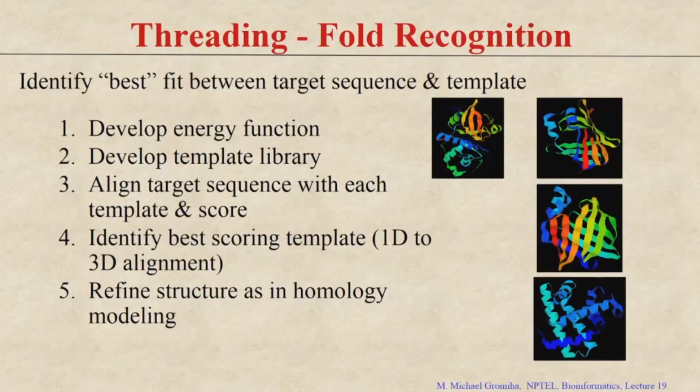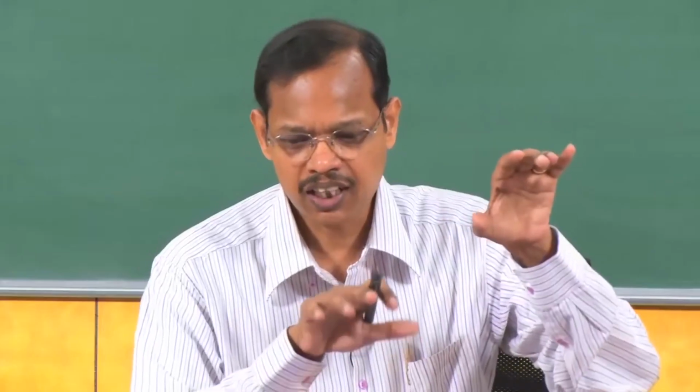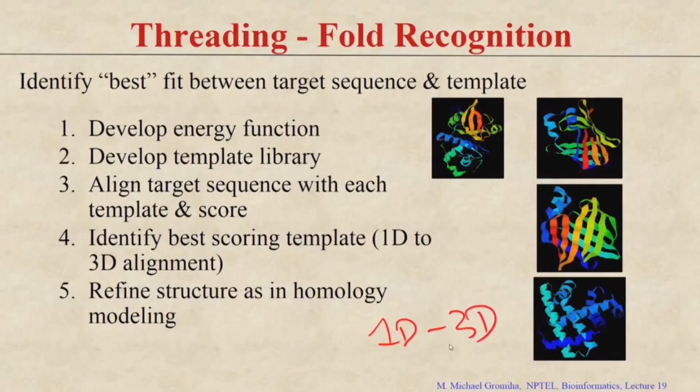So, there is another method that is called threading or fold recognition. In this case you look for the best fit between the sequence and template. For example, if you have a sequence, from the sequence we can derive some information, we have an energy function and see how this can fit with the structures. This is a kind of 1D to 3D alignment.